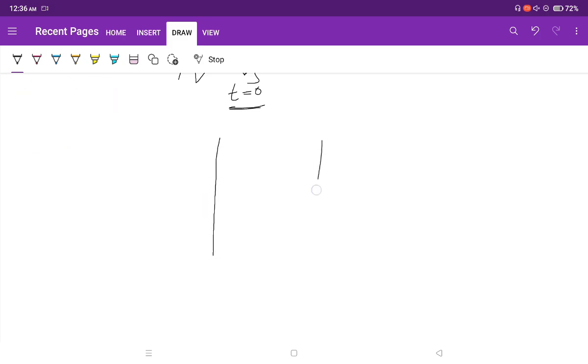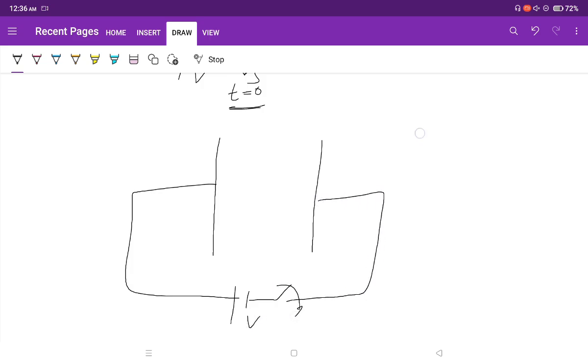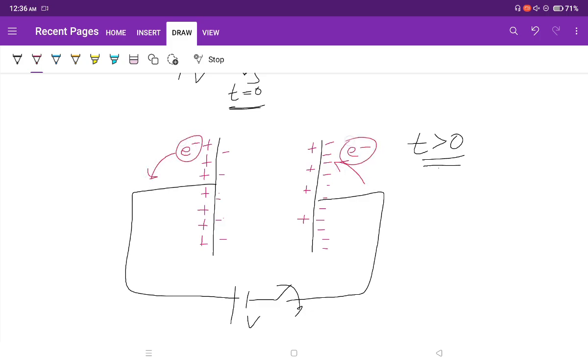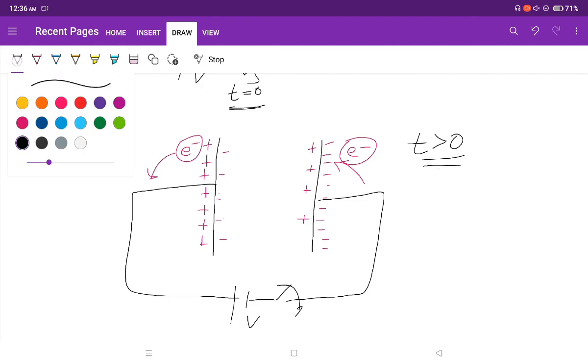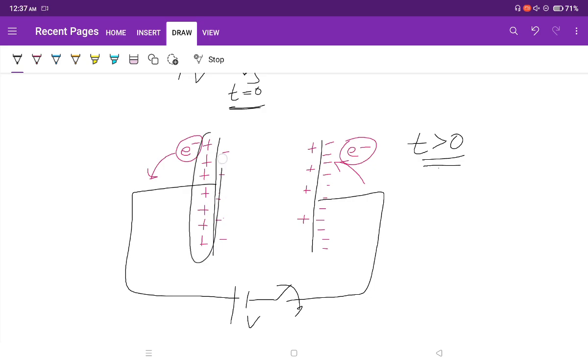After some time, at t greater than 0, we have a majority of positive charge on one plate and a majority of negative charge on the other. Now if you try to take an electron from this side and inject an electron at this side, this positive charge and this negative charge apply forces of attraction and repulsion.